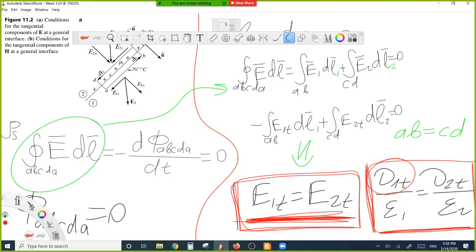The discontinuity is equal to the ratio between the permittivities of the materials. The discontinuity is equal to the ratio epsilon 1 over epsilon 2.